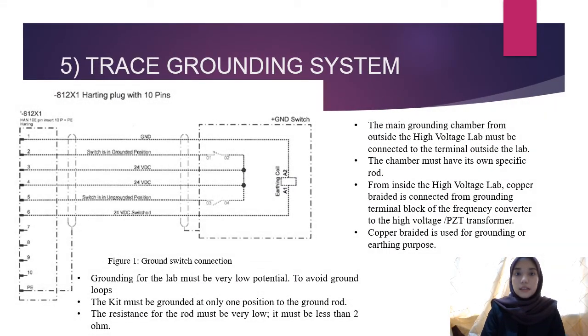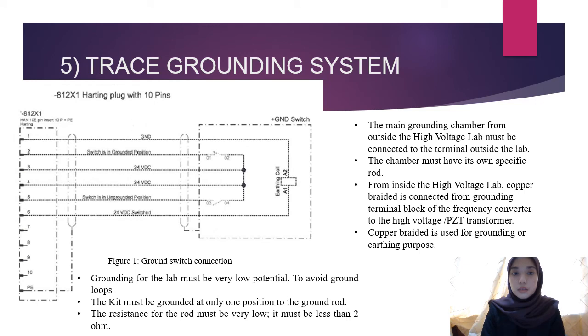Next I will present about the trace grounding system. This is the ground switch connection for the equipment, and this is the ground connection at the test bay. The main grounding chamber from outside of the high voltage lab must be connected to the terminal outside of the lab. The chamber must have its own specific rod.